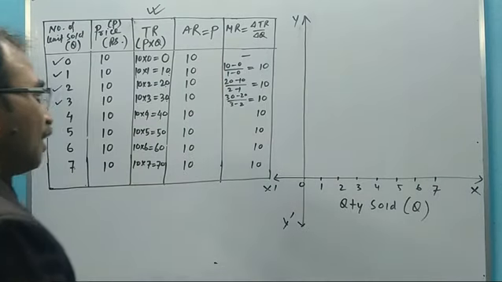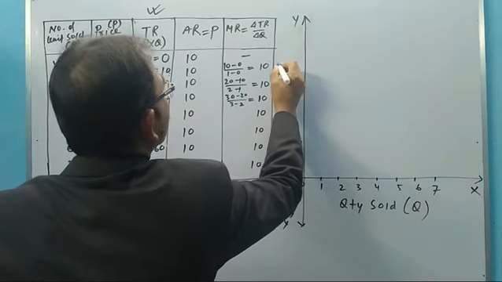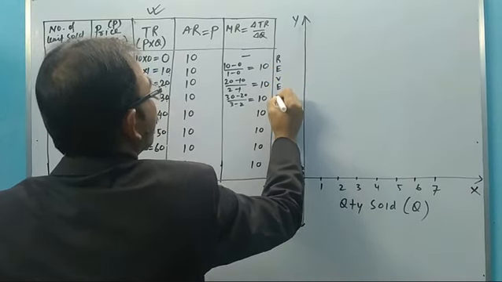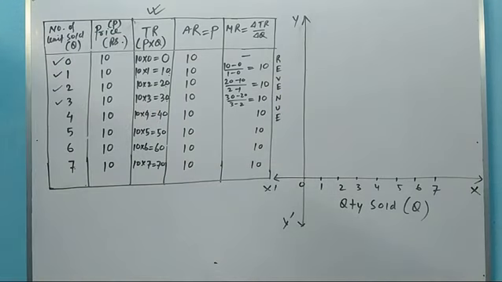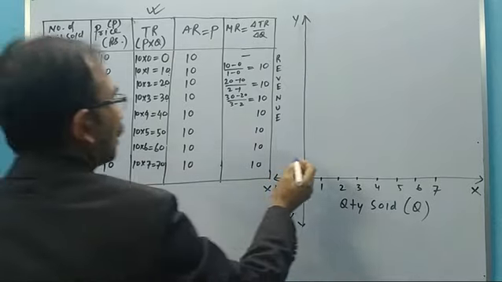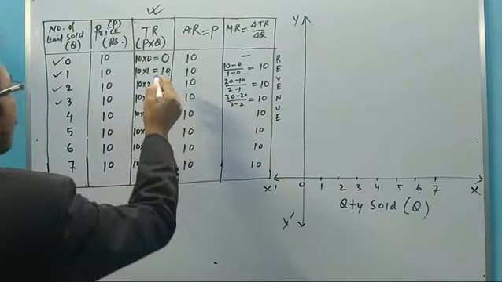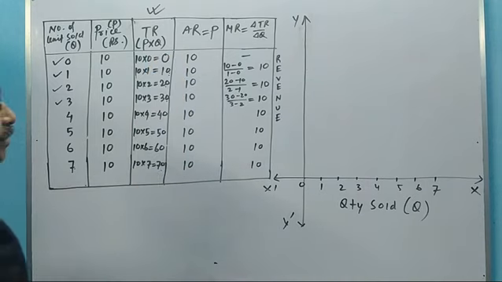Understand? And the vertical axis we denote revenue. Look how you can segment it, starting from 0 and maximum is 70.